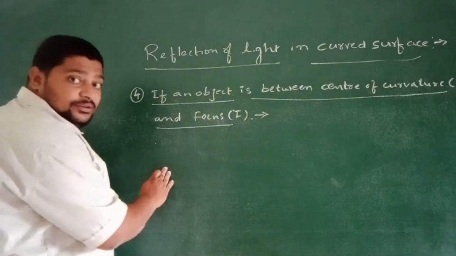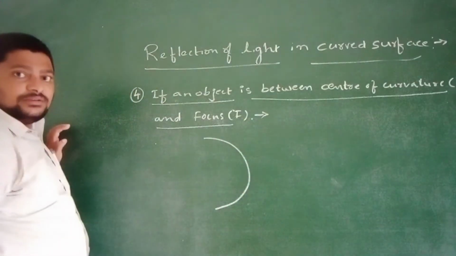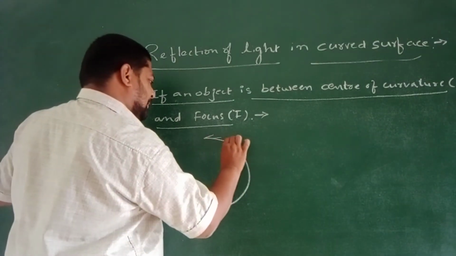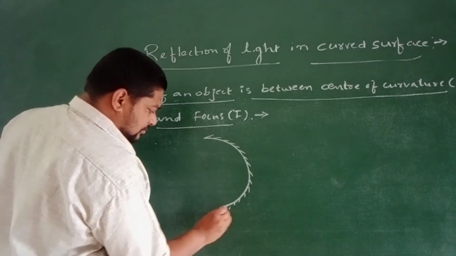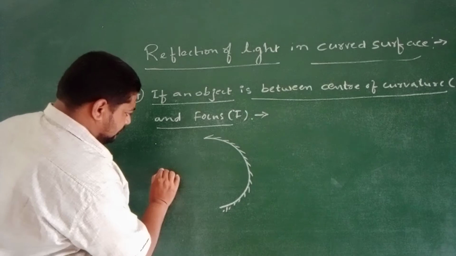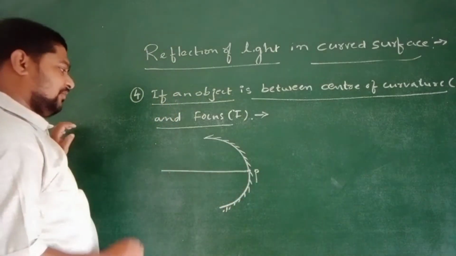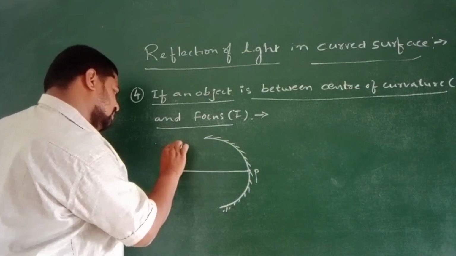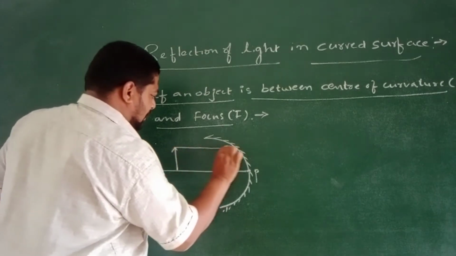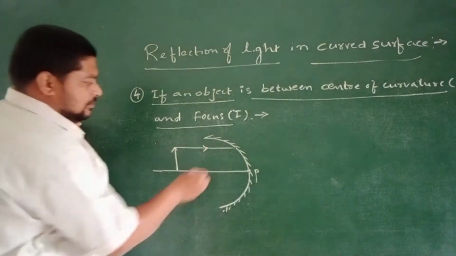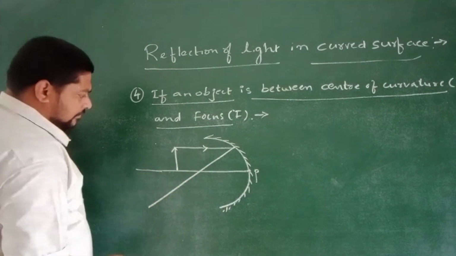So now I will draw the object. First I will take the concave mirror. I will paint the convex surface, then I get a concave mirror. Now it is at the principal axis. Here the pole. Now I will take the object. First ray parallel to the principal axis, passing through focus.